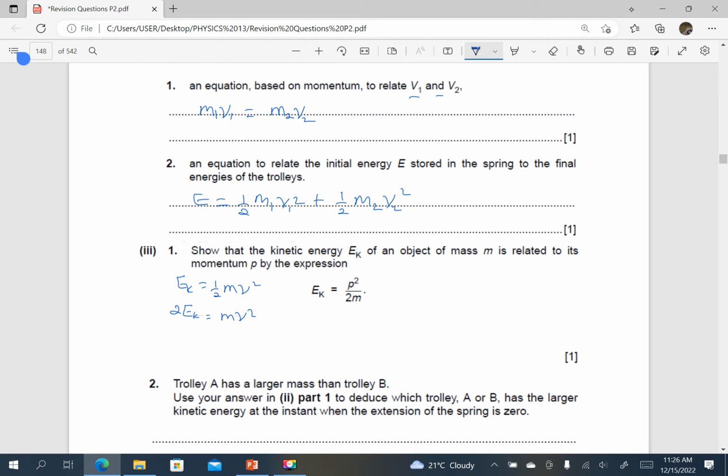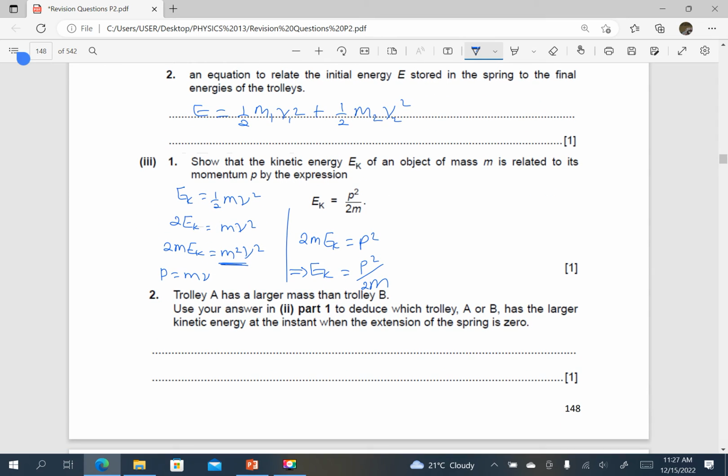I multiply both sides by m, it becomes twice m EK equals m squared v squared. But remember, momentum is equal to mass times velocity, so this is p squared. So we have twice m EK is equal to p squared. Hence, EK is going to be p squared divided by twice m. So that is a simple expression.